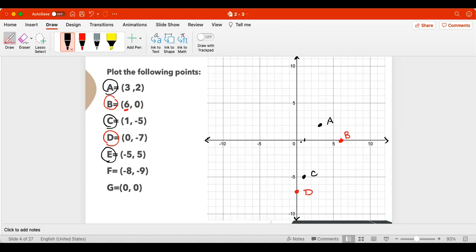For E, -5, 5. For F, -8, okay, I think that's right here, 6, 7, 8, and then -9. This right here is -9.